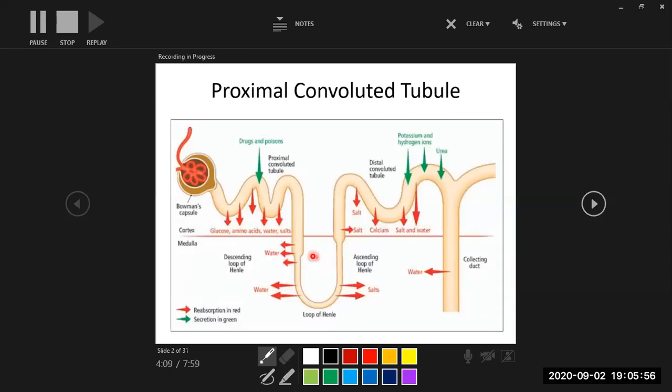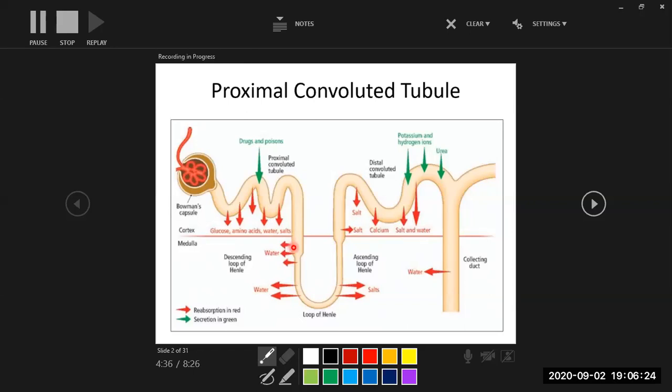So you can see that for each nephron, we basically will have the entrance, the renal corpuscle in the cortex side of this cortex medulla borderline. And basically the proximal convoluted tubule will stay here a while, then there will be a sharp turn to the loop of Henle.